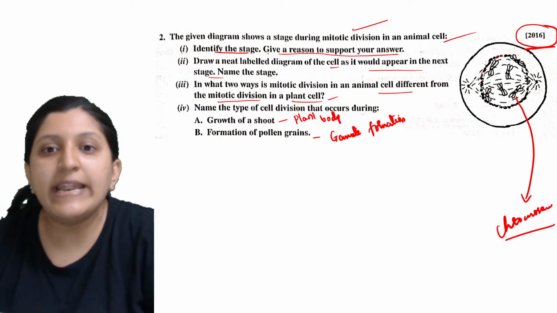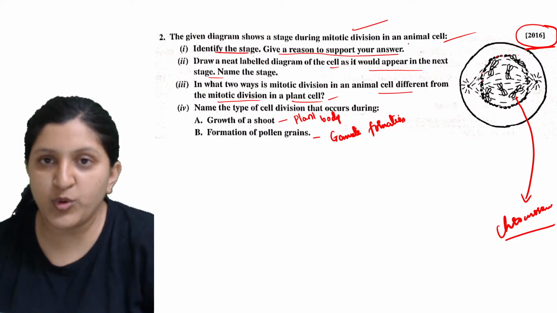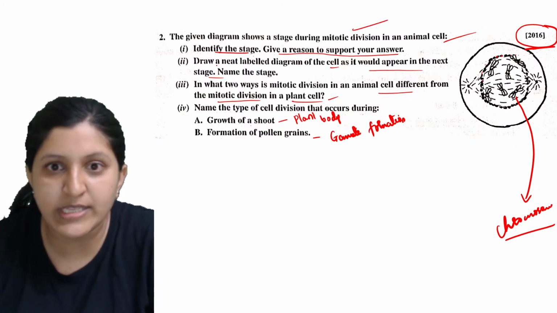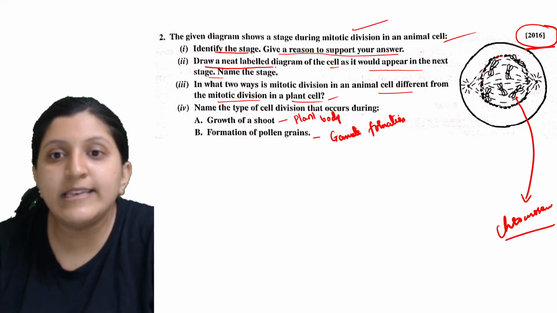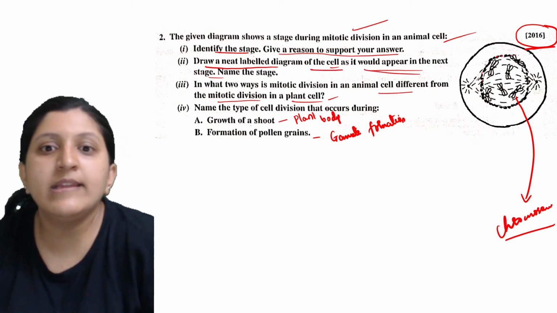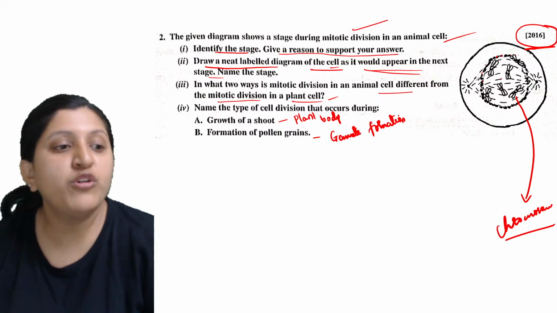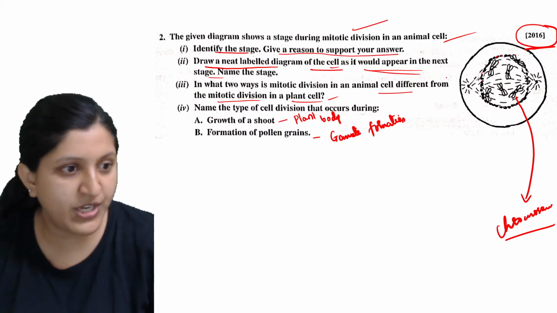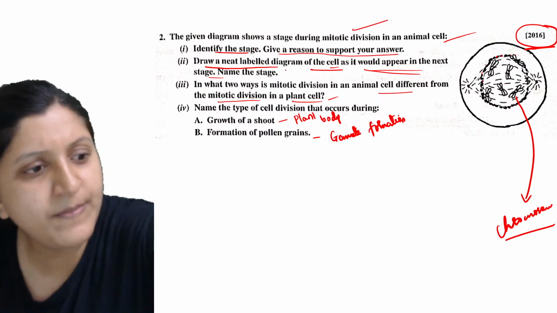So identify the stage, give reason to support your answer: chromosome formation you can see. Now draw a neat labeled diagram of the cell as it would appear in the next stage. What exactly would be the next stage here?